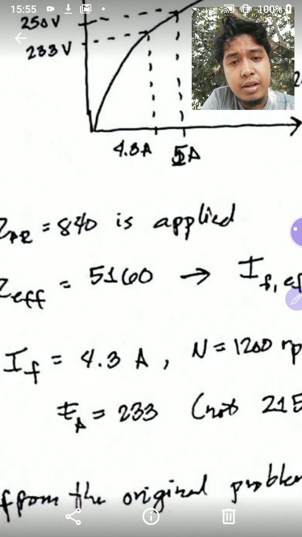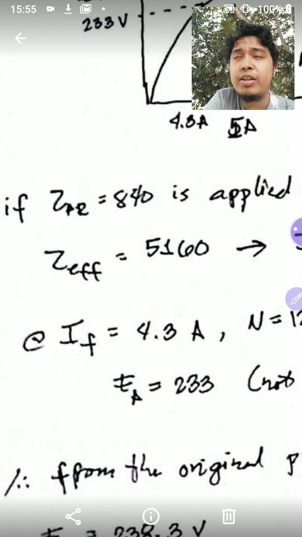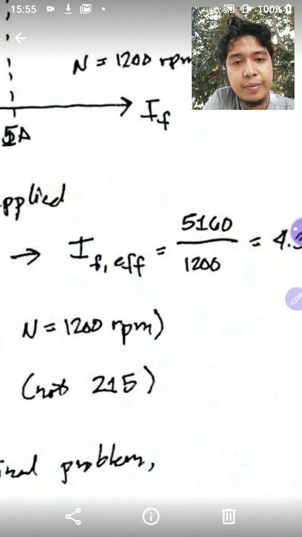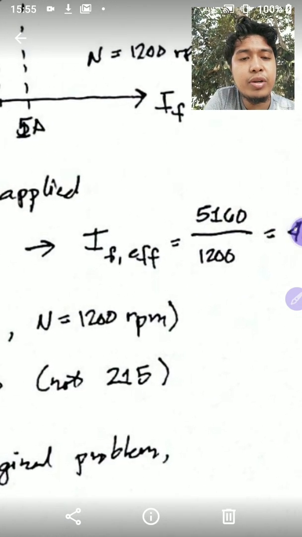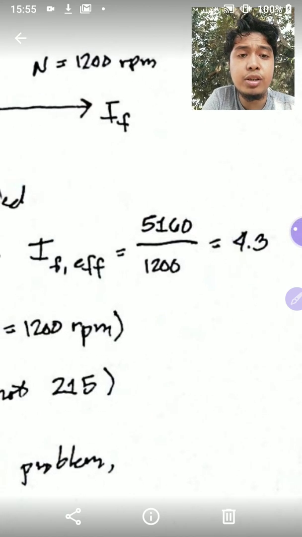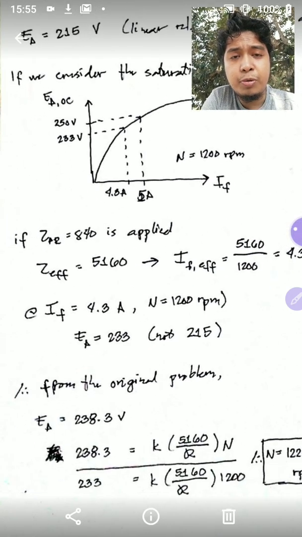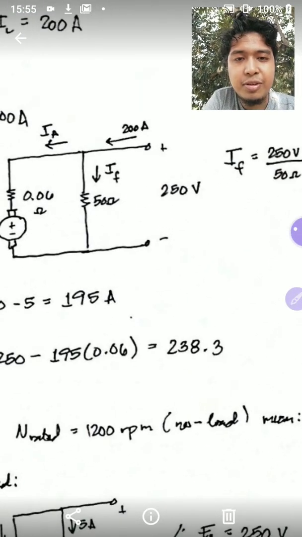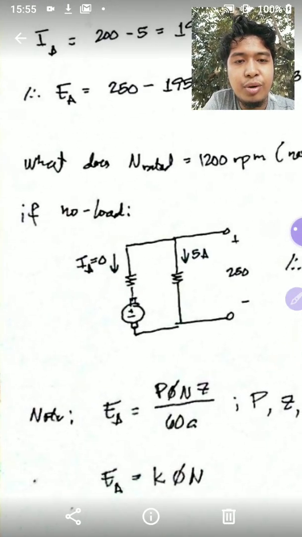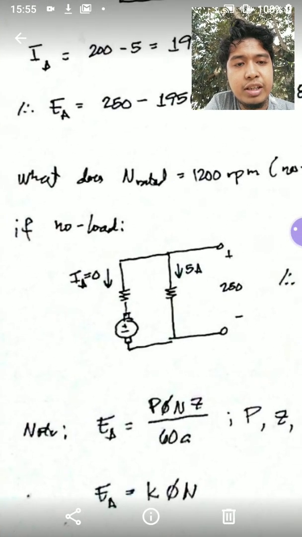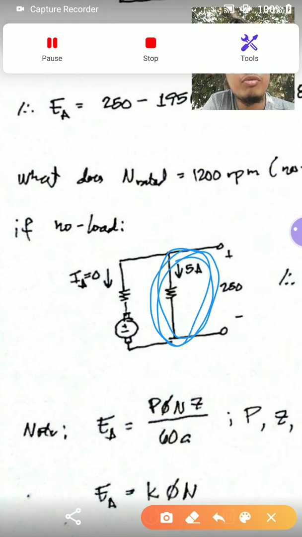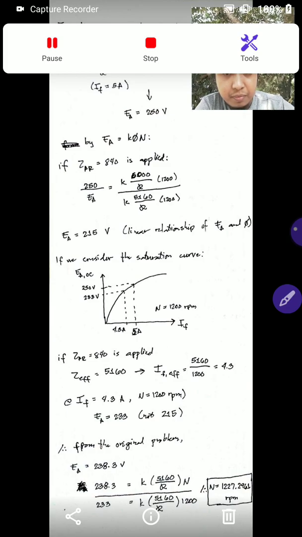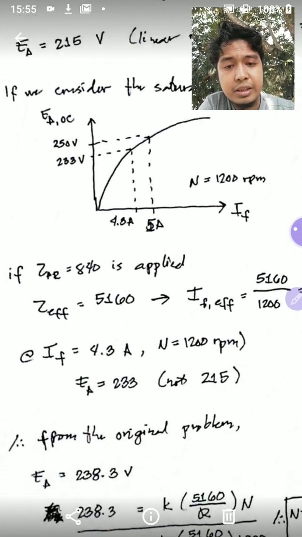Then the effective MMF would be 5160 ampere turns, or the effective field current is 5160 divided by 1200 turns, or 4.3 amperes. So though I have 5 amperes in the field, because of the armature reaction, the effective field current is 4.3.